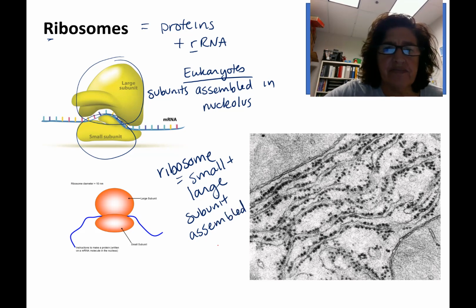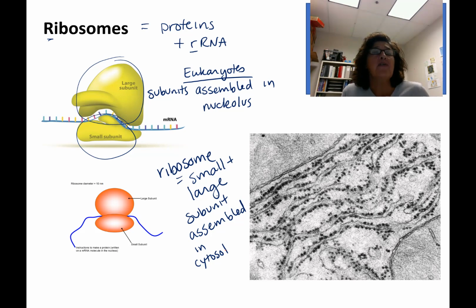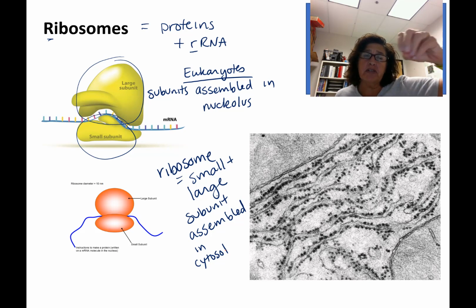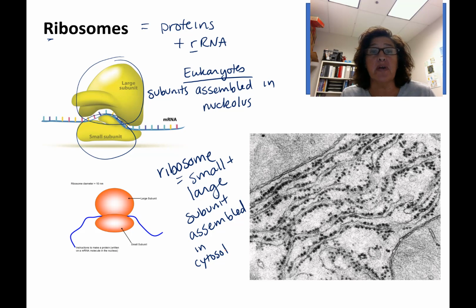See, I told you I'd get lazy. We'll do this cytosol. For prokaryotes, because they don't have a nucleus and they don't have a nucleolus, the proteins and ribosomal RNA are just put together in the cytoplasm of a prokaryote.